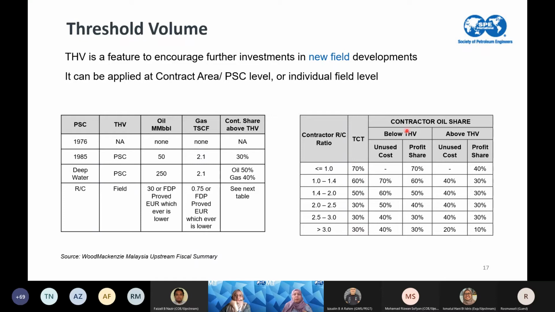If you're producing below THV, the contractor gets to take home 60%. But if the field or the PSC is producing above THV, for example, the contractor only takes home 30%. There's a thing called unused cost, but we'll skip over that concept at this point in time. So that's how you read this, and this is why the R over C is such an important index in the 97 PSC, because it determines how much cost you get to recover and how much profit you take home.